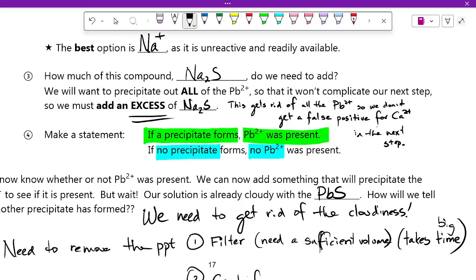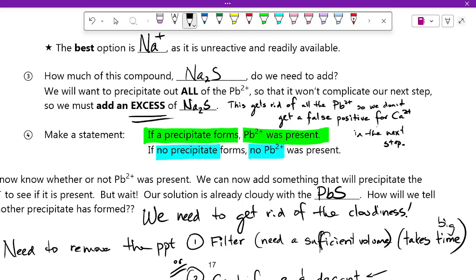And if you centrifuge, that'll get all the solid to the bottom. I'll show you a picture of it in a minute. And then once the solid is all at the bottom, you need to pour the liquid off, and pouring the liquid off is called decanting. So you will centrifuge and decant.